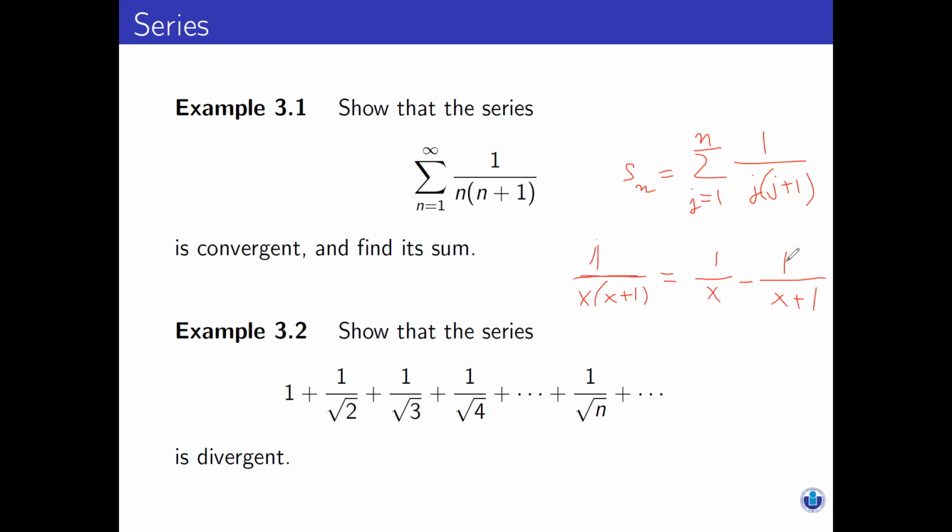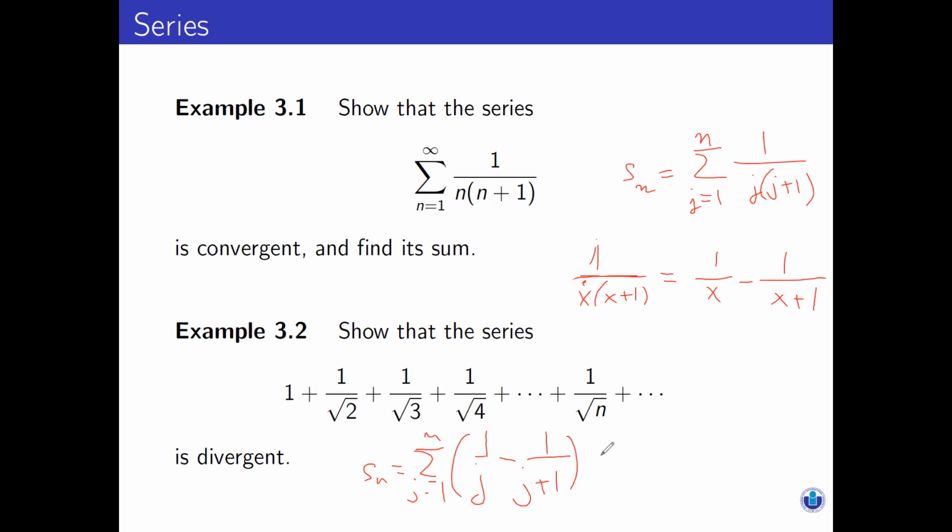And now you can apply this formula. Now instead of x, you have j. So let me write down here. So Sn is the sum j from 1 to n, 1 over j minus 1 over j plus 1.